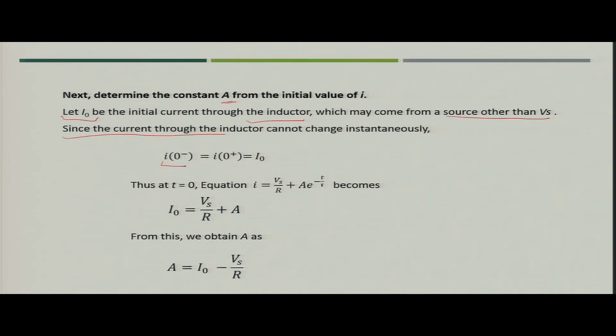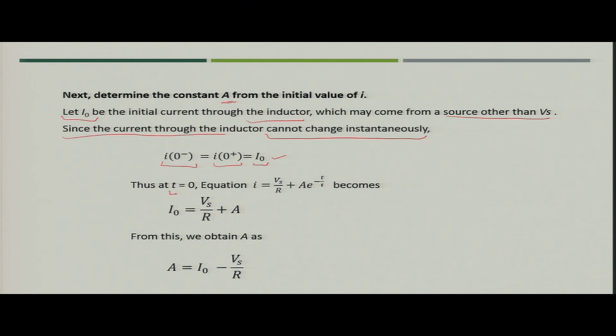We can say that I at 0 minus is nothing but I at 0 plus, equal to I naught, because we know that the current flowing through an inductor cannot change instantaneously. So, because of some phenomena that happened in the circuit, we initially had the current I naught at time t equal to 0, and this will be maintained because the current through the inductor cannot change.